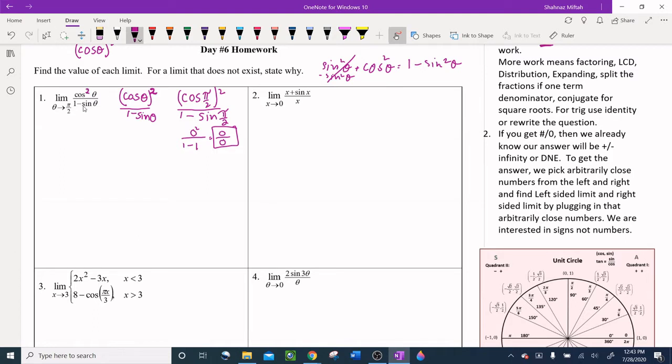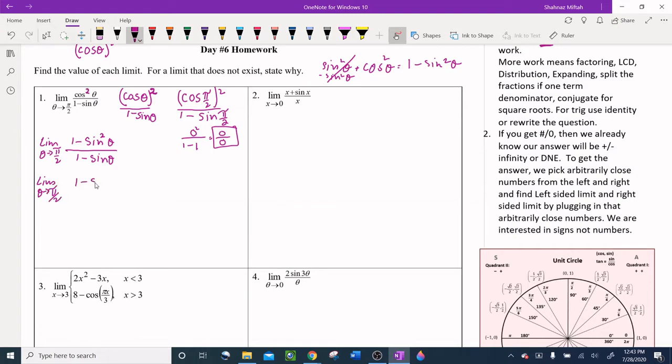So the bottom is also 1 minus sine theta. So I think we will be okay. Let's try that one. Limit as theta approaches pi over 2, 1 minus sine square theta over 1 minus sine theta. Now, you do understand that 1 minus sine square theta means I have two of those, so we can expand that now.